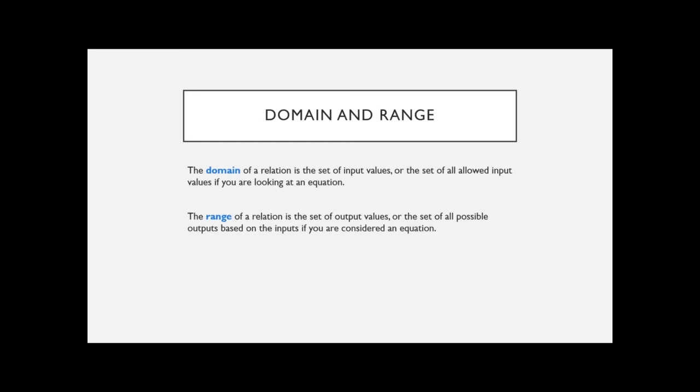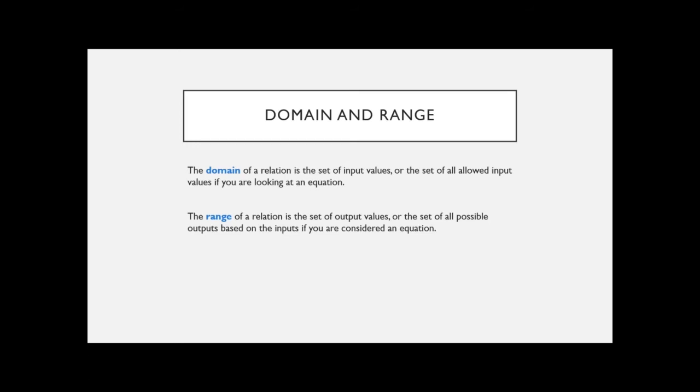When you're looking at a graph, our x is our input, so you're looking at the horizontal axis and asking for what x values do I have a picture. You're looking at it graphically and saying where does my graph exist as far as x. So that's domain.